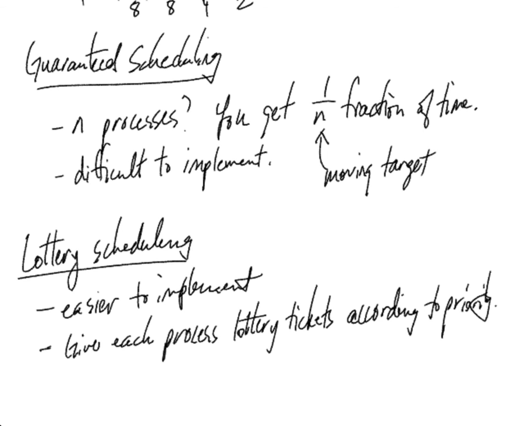Then it's a lottery system, right? If you have more tickets, there's a greater chance you'll get selected to run next. The nice thing about lottery scheduling, not only is it easier to implement, but it's very responsive. So a new process has a very good chance of running.